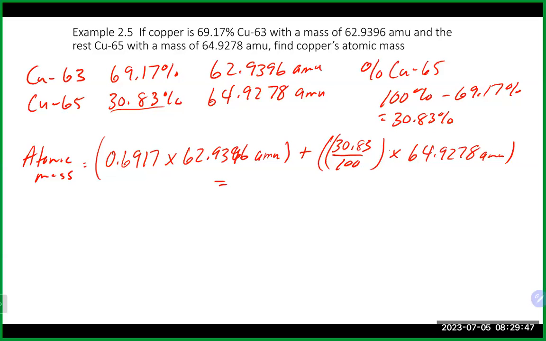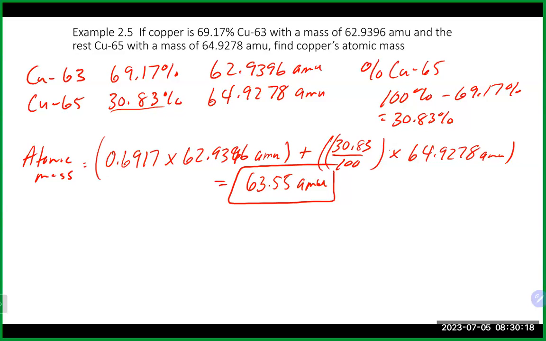Now, if we do all that, 0.6917 times 62.9396, we add it to 0.3083 times 64.9278. Hit equals, we get 63.55 AMU, which is pretty much what you see on the periodic table underneath copper.